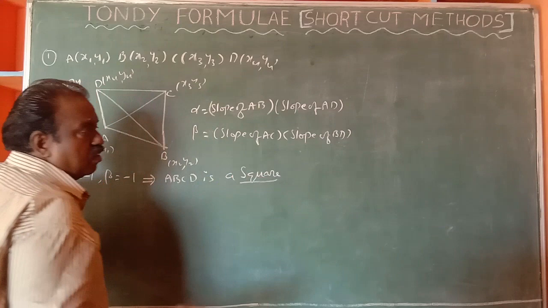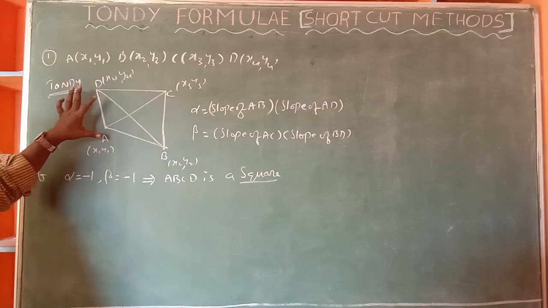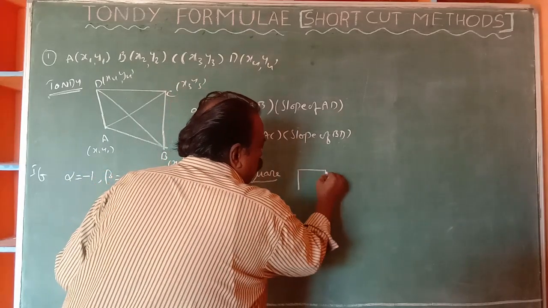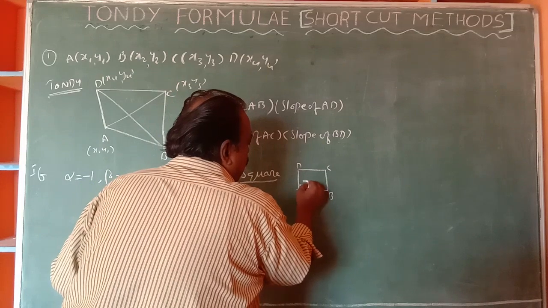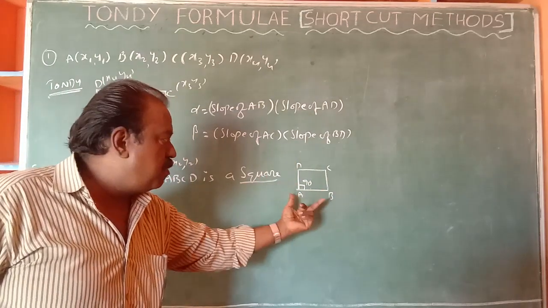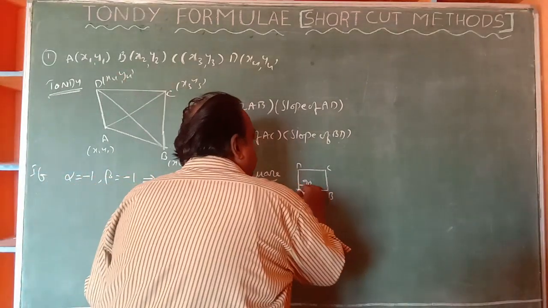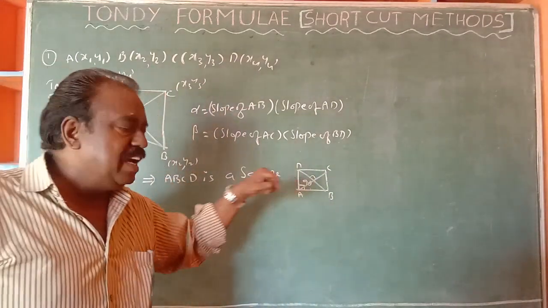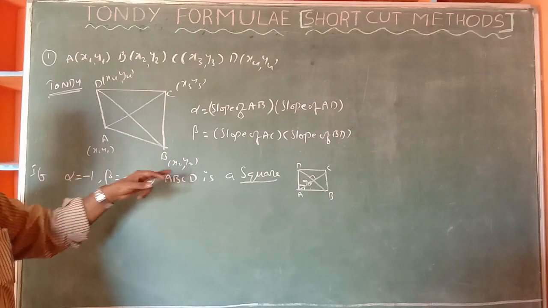Easily you can understand, because in the case of a square, the adjacent sides are at right angles. Will you agree? The slope of AB is M1 and the slope of AD is M2, so M1 into M2 is minus 1. Similarly, the slope of AC into the slope of BD is also minus 1, since the diagonals are at right angles. So by that concept, if alpha and beta are both equal to minus 1, it is a square.